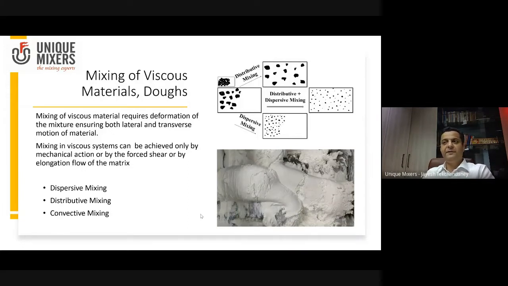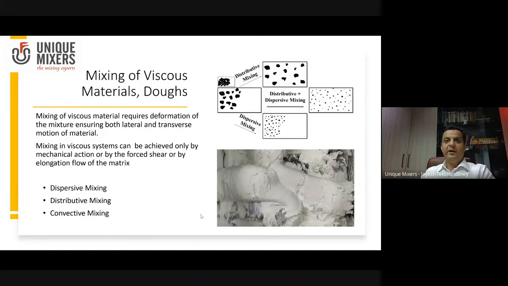And now think of kneading dough. When we prepare the roti at home, we prepare a dough which is basically solid with water, and we knead the dough. Now, that's an entirely different process, and what you need there is a contribution of dispersive mixing and distributive. When you say distributive, you kind of reorient.